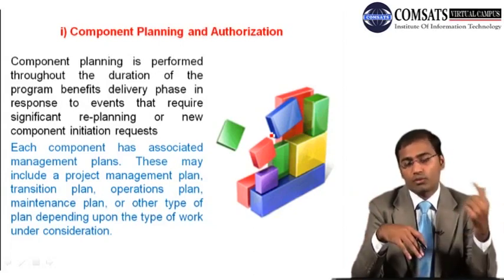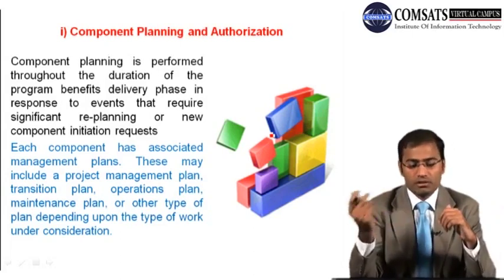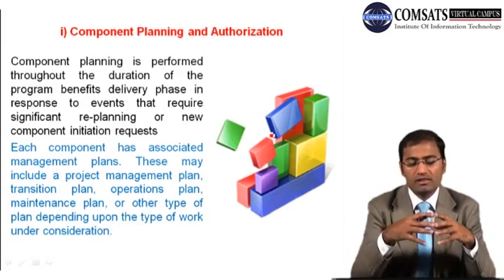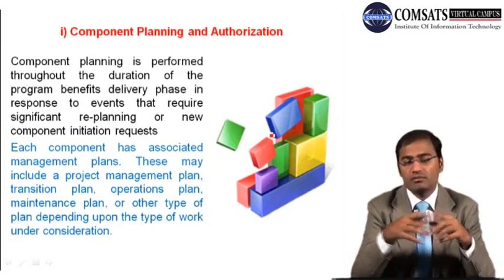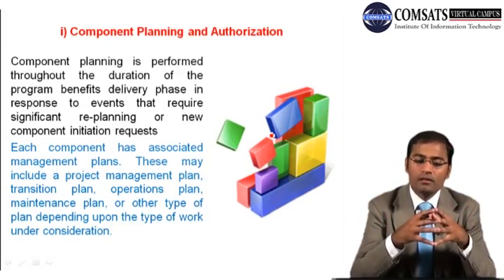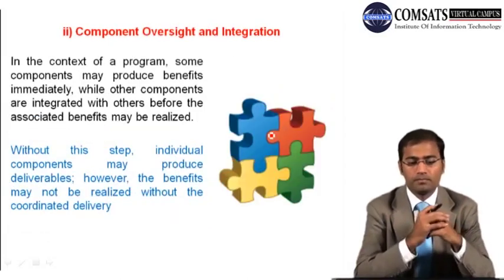So if we are discussing a project, then a project management plan. If we are discussing some operations, an operation management plan. Or if we are discussing the maintenance of existing systems, then a maintenance plan. So all these are done in this subphase of the benefits delivery phase.